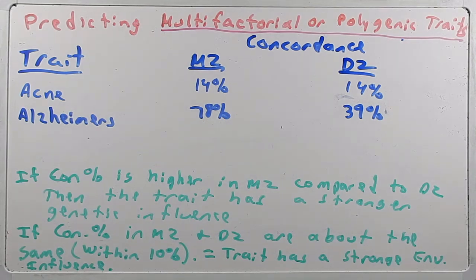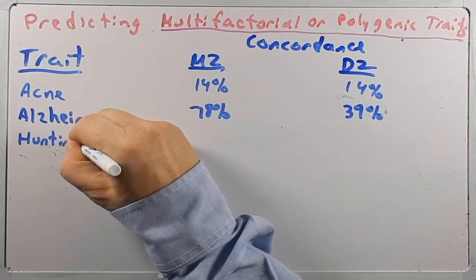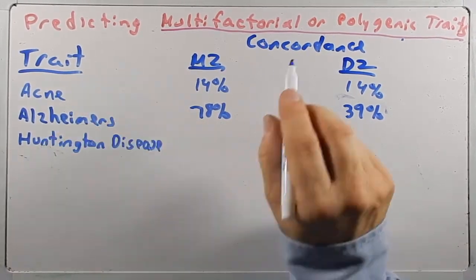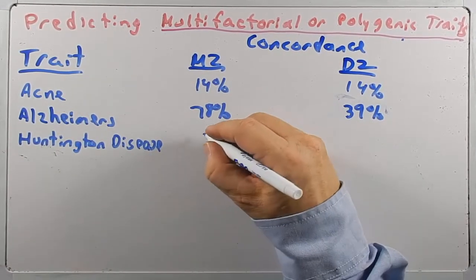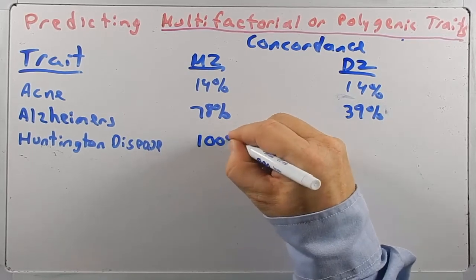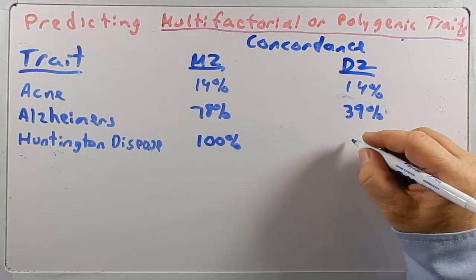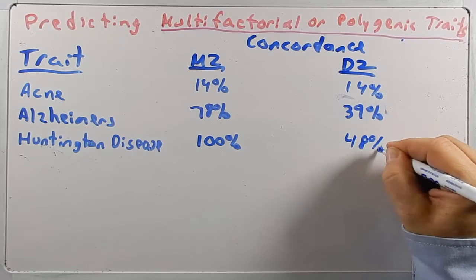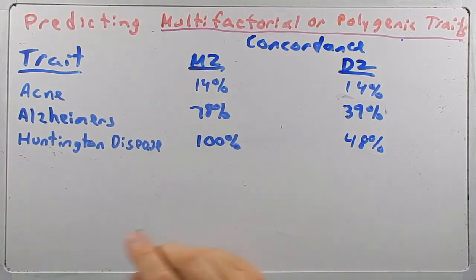I'm going to erase these words down here just because I need a little bit more room. Huntington's disease. The concordance amongst monozygotic twins is nearly 100%. And in dizygotic twins, around 48%. Another general rule here.